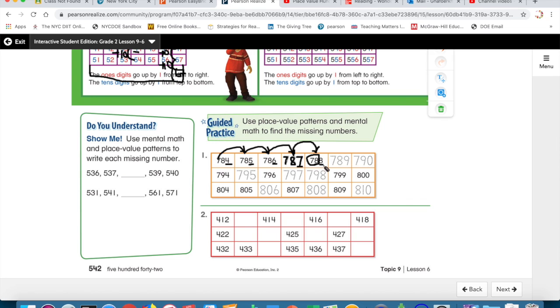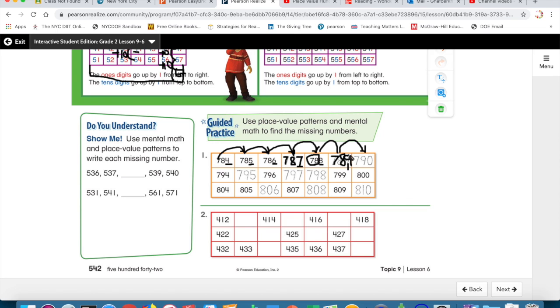788. Move one box to the right. This would be 789. Notice only the number in the ones place is changing. Now from 789, the next number up, something very interesting happens. We go to 790 because adding 1 here means I am now making my ones place a whole 10.